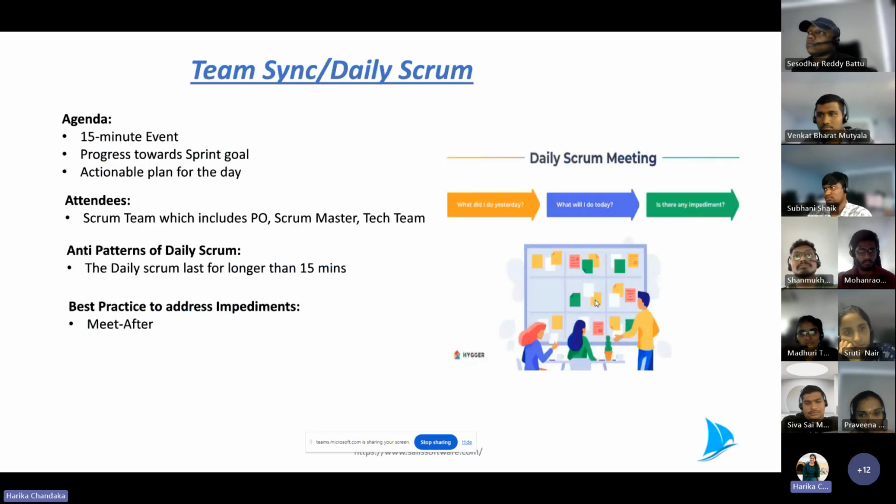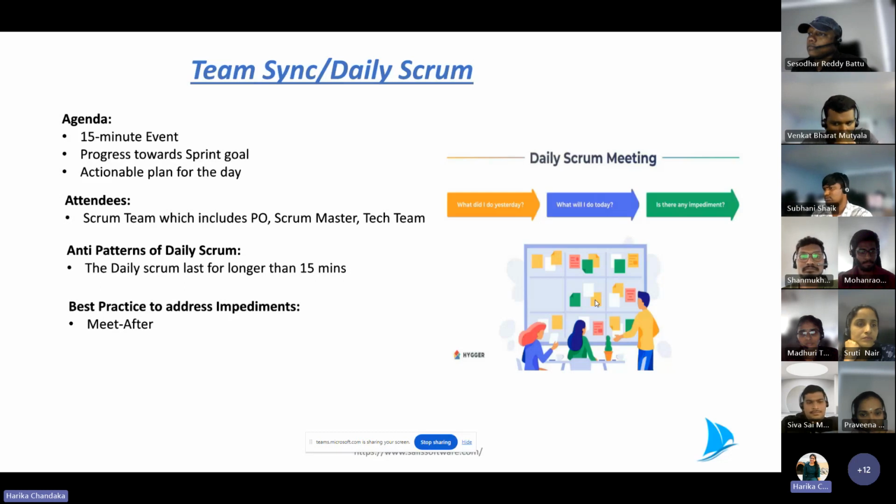So daily sync or daily Scrum meeting. Everybody knows this, right? Every morning, or if you are working on US projects, in the evening. It's usually a 15-minute event. We always have progression towards the sprint goal, and an actionable plan for the day for each and every individual.